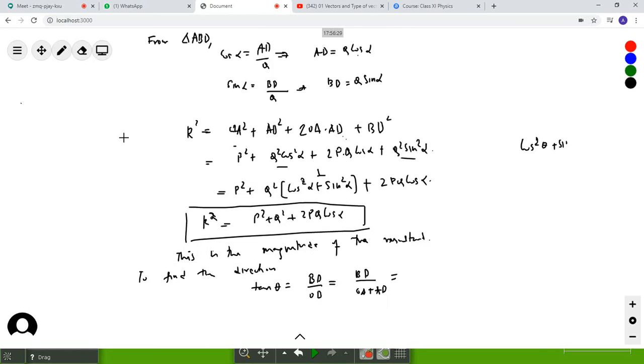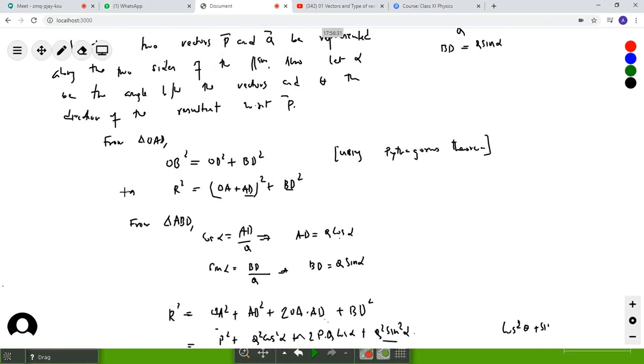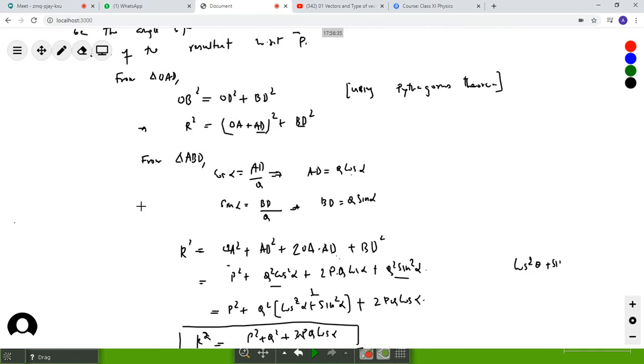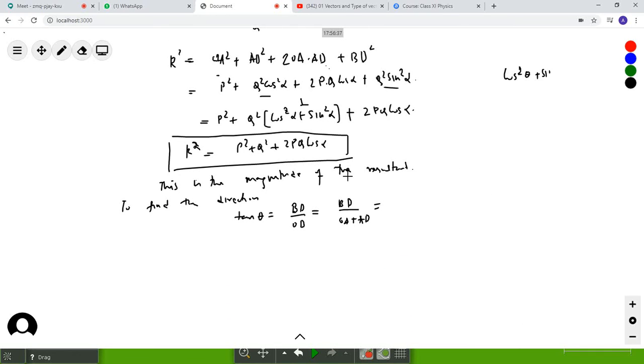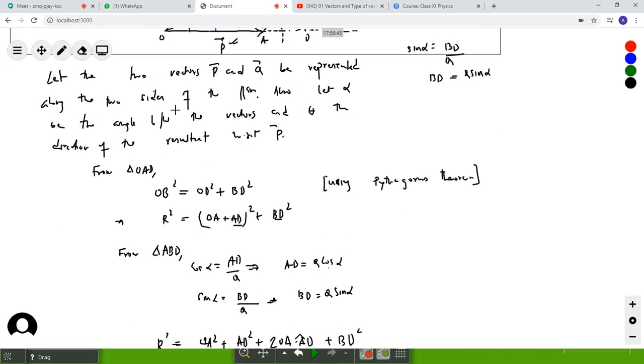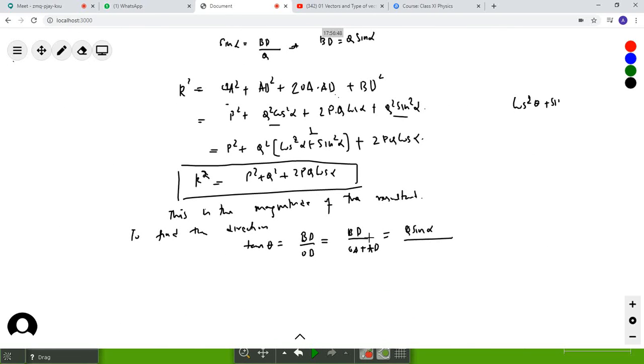So what is BD? BD is Q sine alpha. And what is OA? OA is P vector, plus Q cos alpha. So this is our direction.